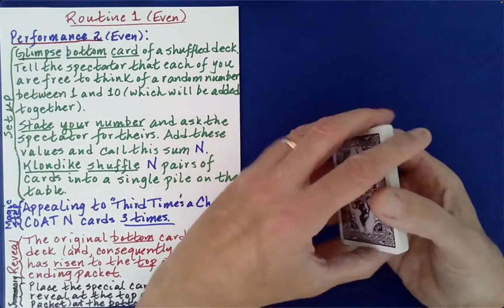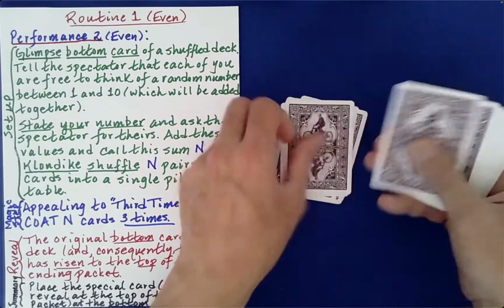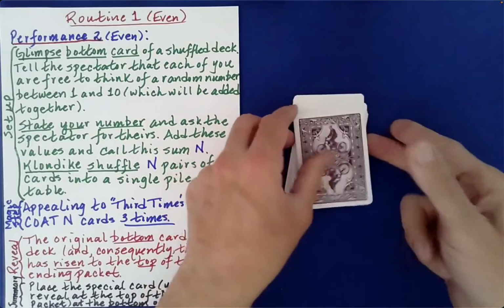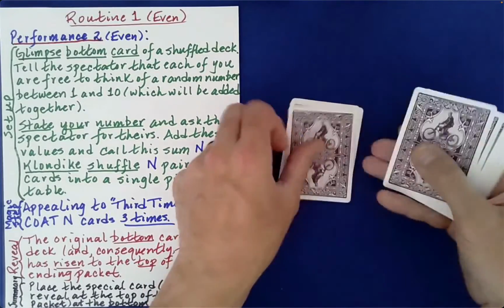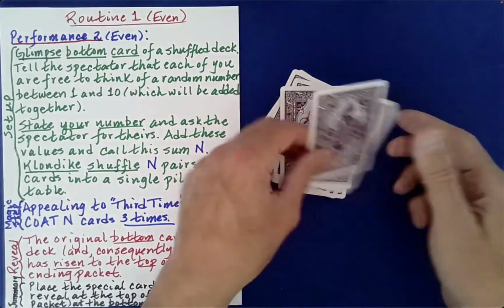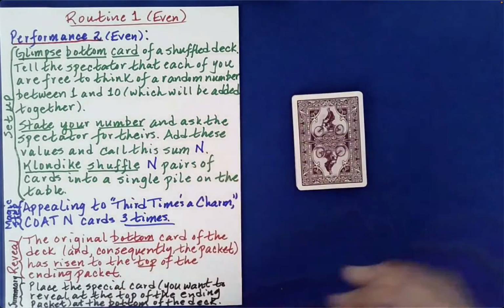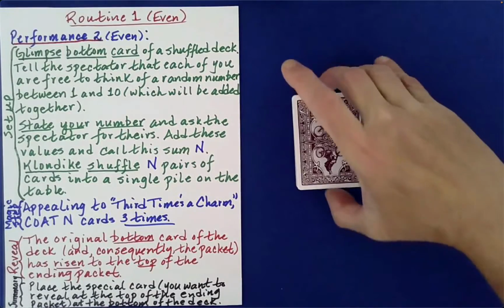Done it once. 1 through 12 again. And then 1 through 12 once more. Very good. And so the original bottom card of the deck will now have risen to the top.